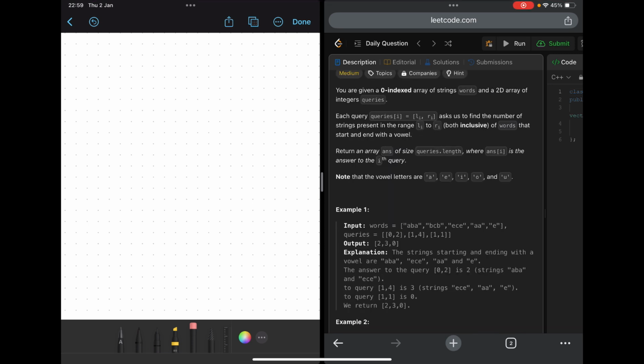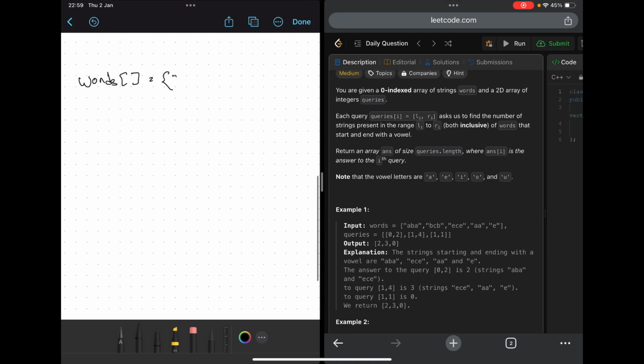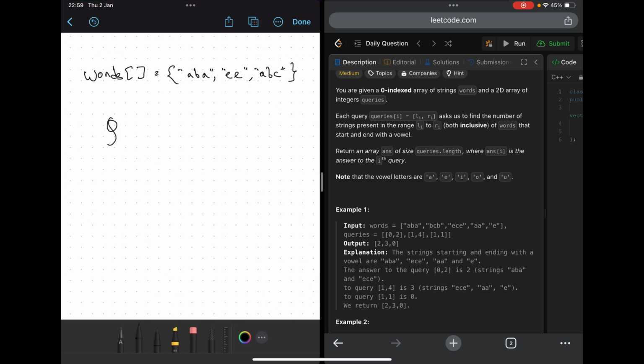So we'll be given an array of strings, words. So basically, words here would be an array containing strings like aba, ee, abc, etc. And we will also be given an array of queries, each of which has two indexes, Li and Ri.